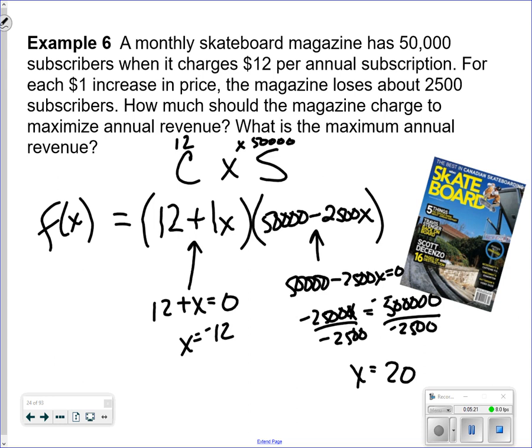That's where the intercepts, or that's where the solutions occur. Now, the halfway point between these two, so I'm going to try to find the vertex, remember. So halfway between negative 12 and 20 is 4. And then 50,000.